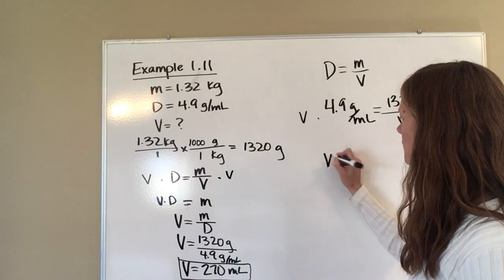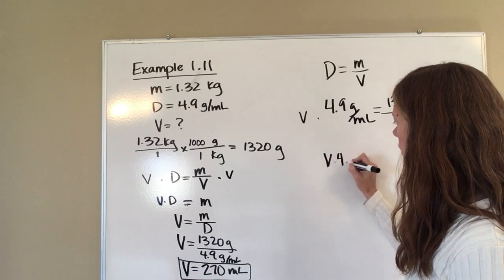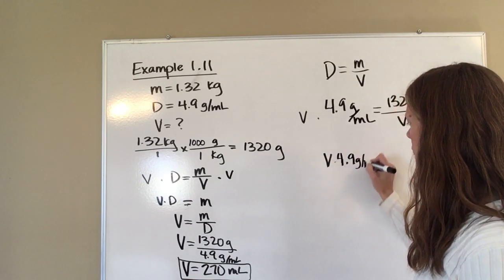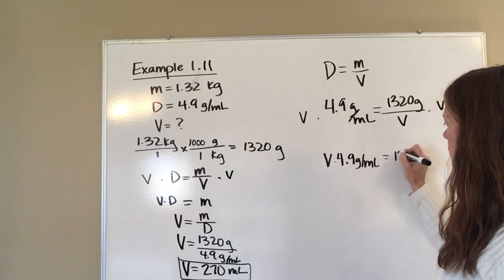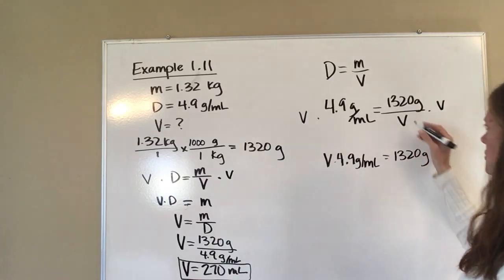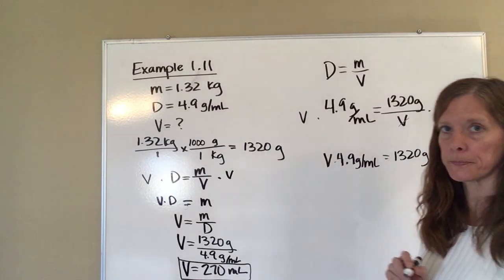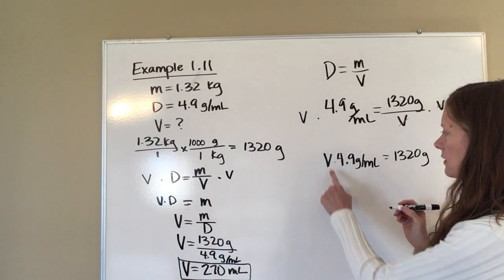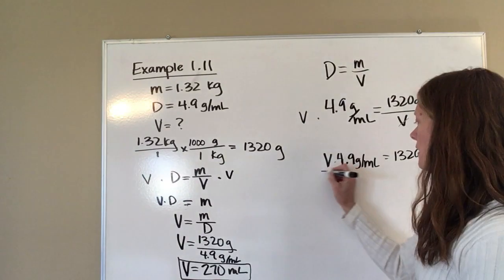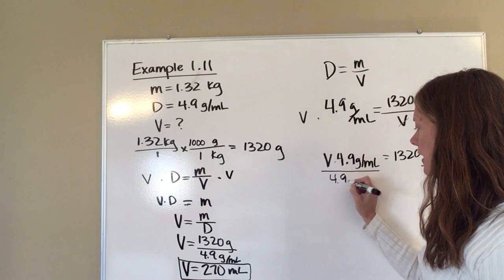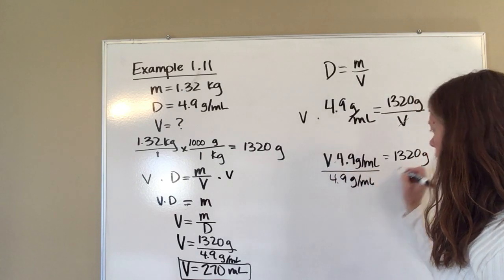So that's going to give me V times 4.9 grams per milliliter equals 1,320 grams, because these volumes will cancel out. Then, if I want to solve for V, I've got to divide both sides by 4.9 grams per milliliter.